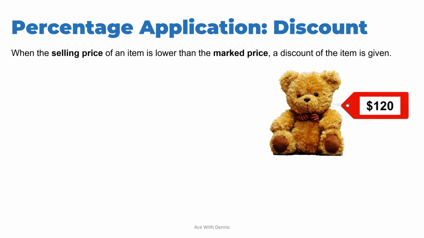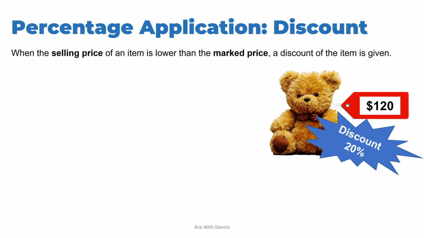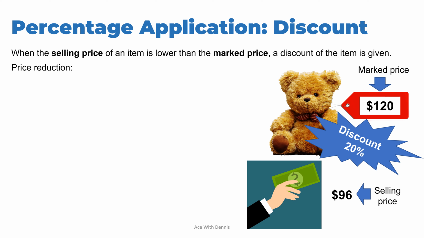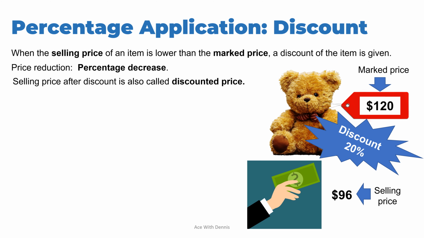The price is $120 and there's a discount of 20%. So what is the actual amount that you pay? $96. So this $120 is the mark price and this $96 is the selling price. This price reduction means it is percentage decrease.